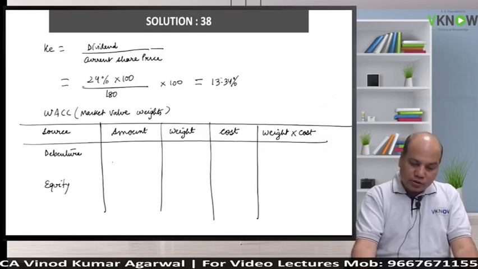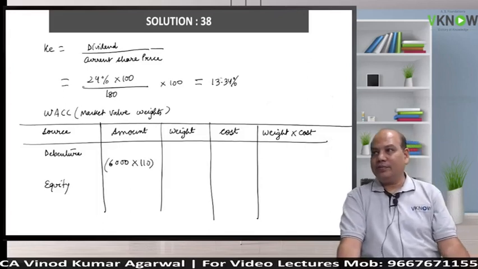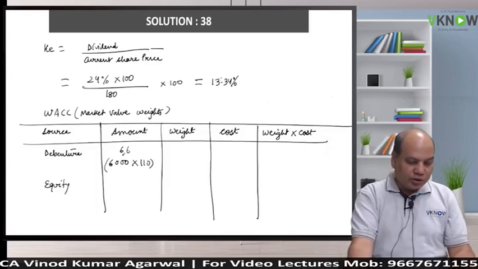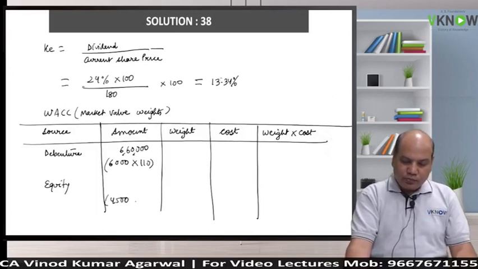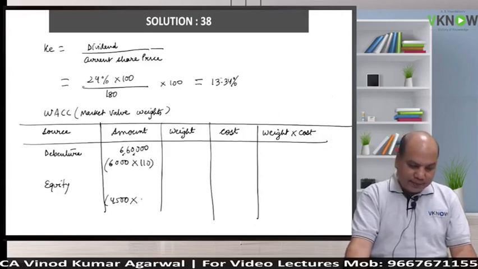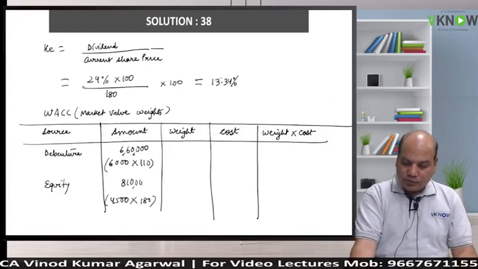There are 6,000 debentures and the market price is 110. So that comes to 6,60,000. How many equity shares are there? 4,500. 4,500 into market price 180, so 8,10,000.